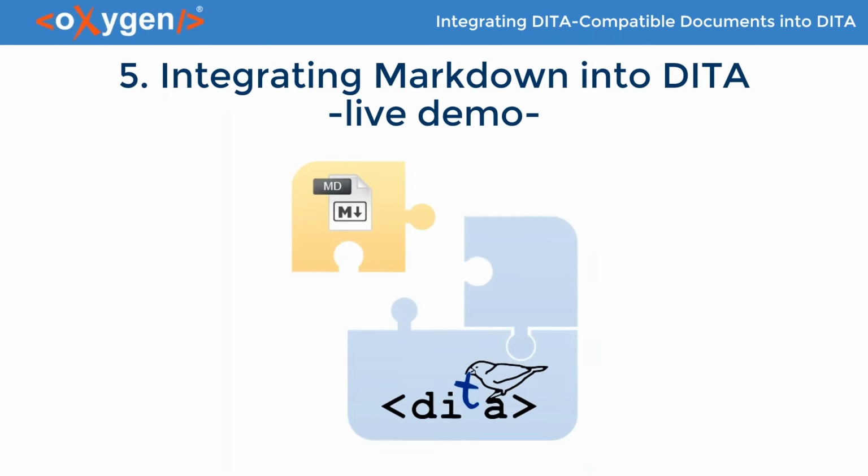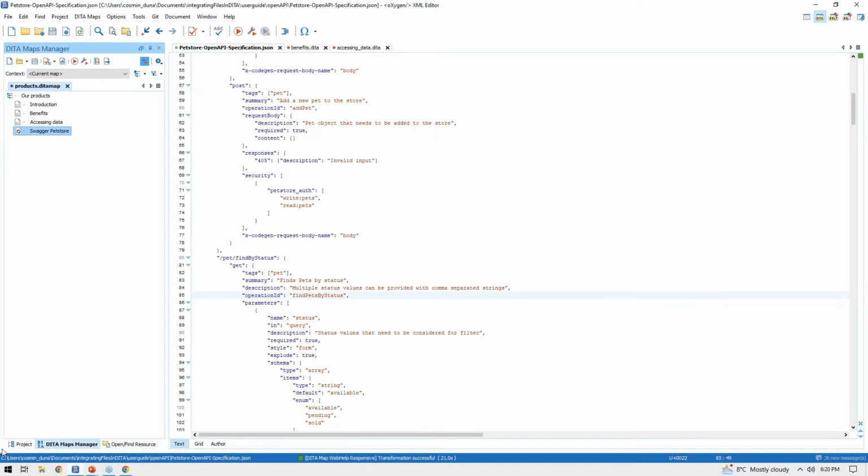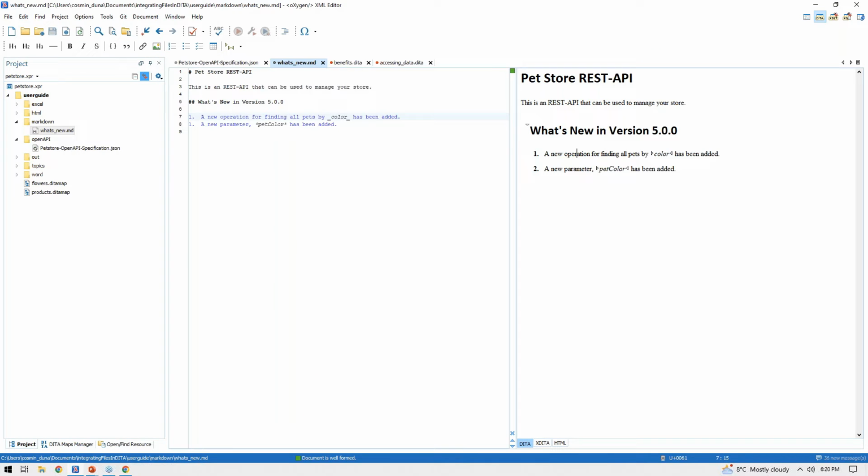I also prepared a live demonstration for integrating Markdown. I have this Markdown document that contains the what's new list for the release of the new REST API, let's say.